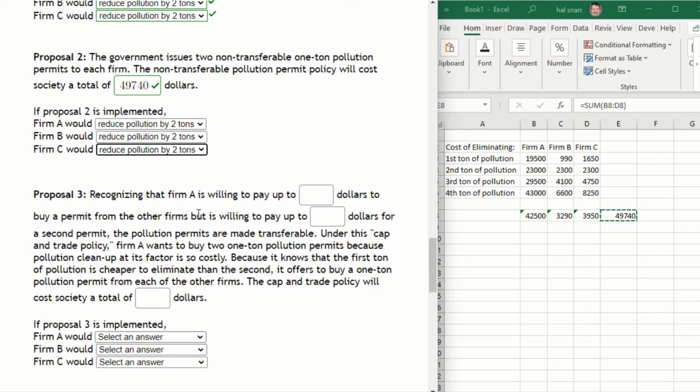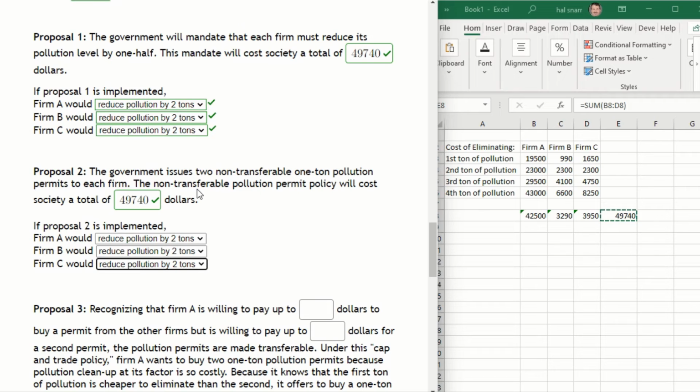Okay, so you know that firm A is the firm that's been in business the longest. They have the old machinery, they have the old factory, and so they're going to be willing to pay. You got these permits, right? You might think A might be willing to buy a permit from firm B and maybe buy one from firm C, right?